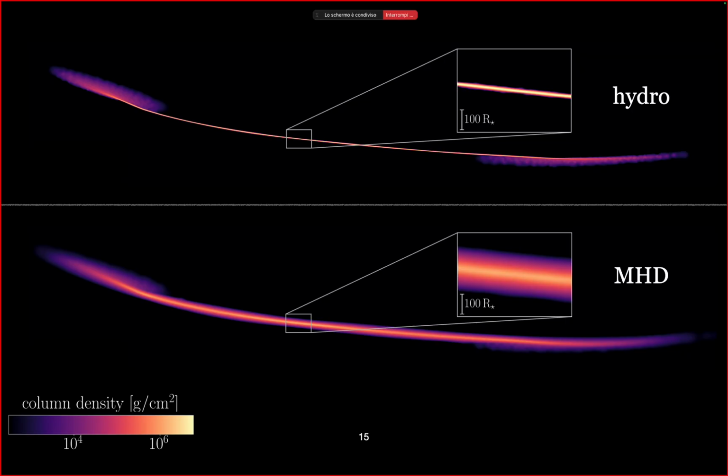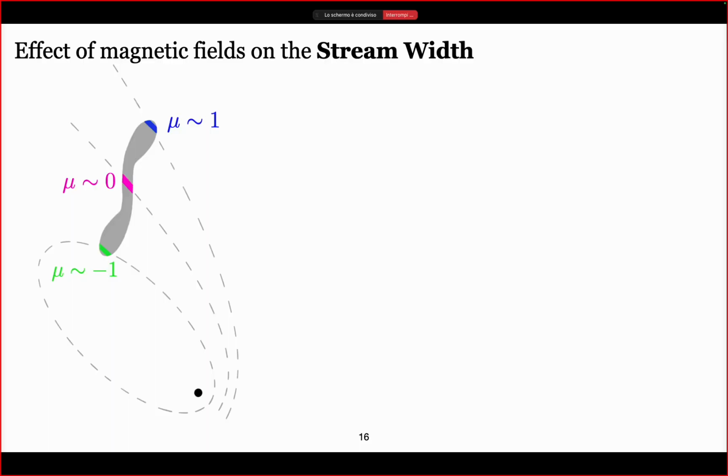And so we quantified in a bit more detail how the width evolves along the stream by slicing the stream in different sections based on their orbital energy. And for each section, we calculate the width.